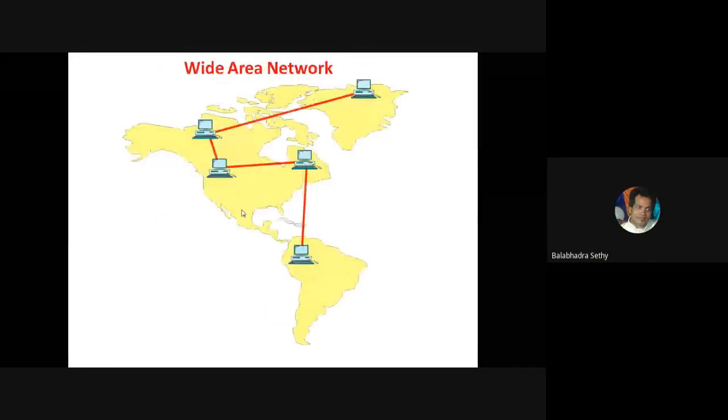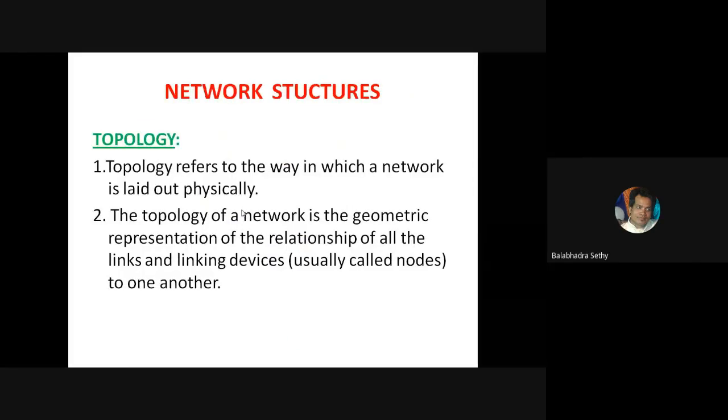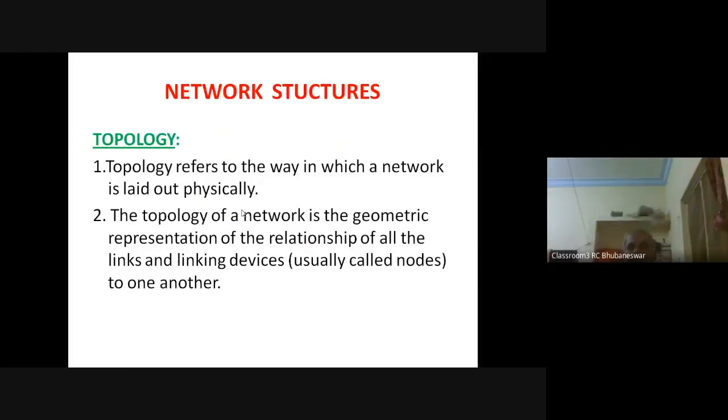Network structure: what is the physical structure of the network? That is known as topology. A question that comes to us is, what is topology in a computer network? Topology refers to the geometrical representation of any computer network: how the nodes are interconnected using links.